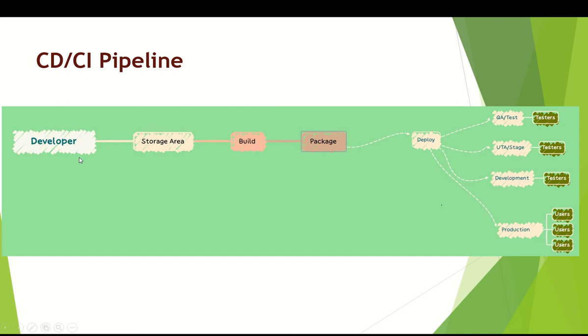When a developer writes code, he puts it in a storage area. The DevOps engineer will take that using some tools and build it.